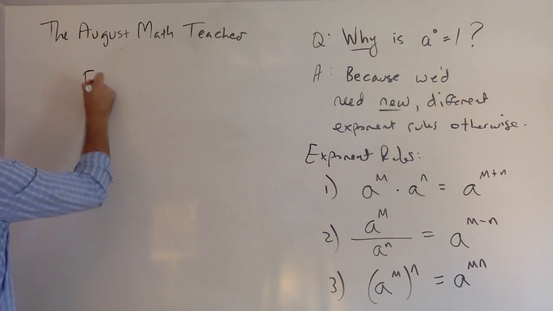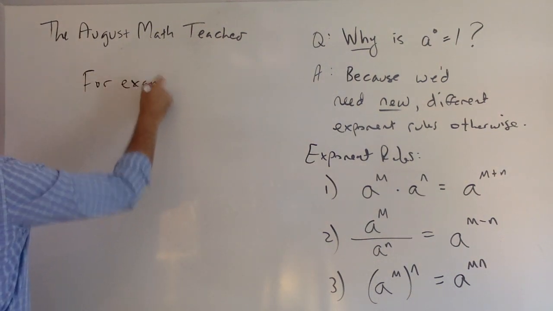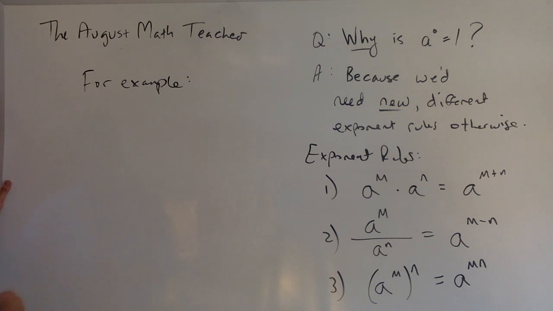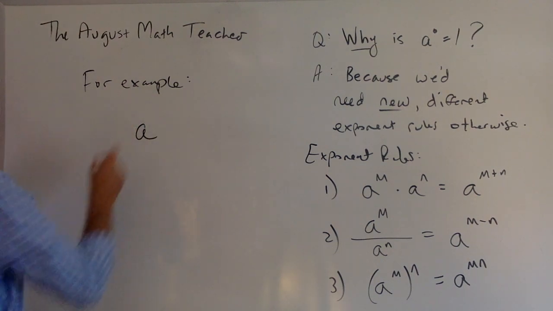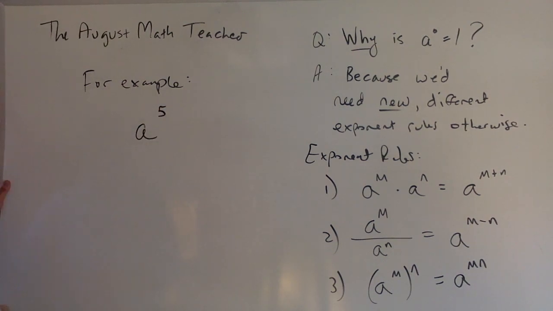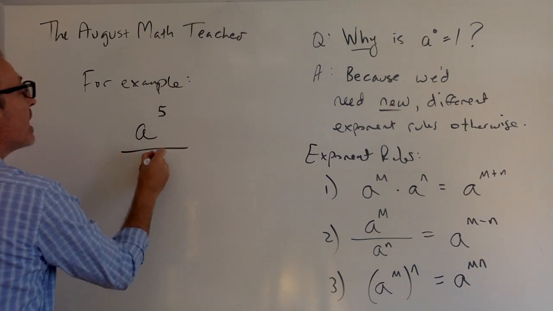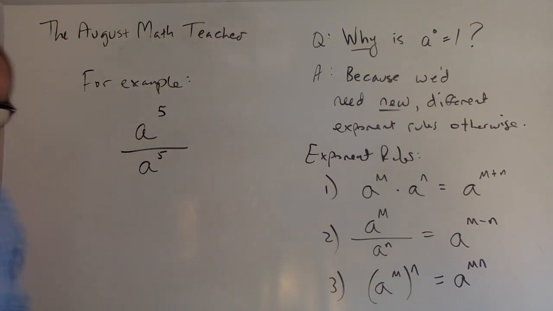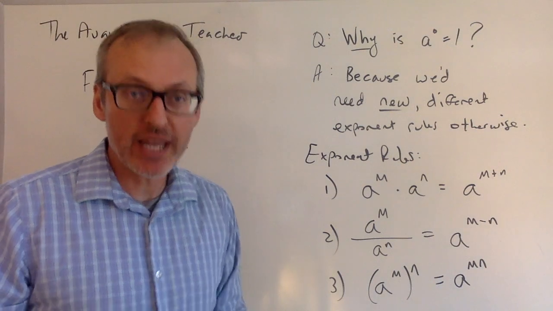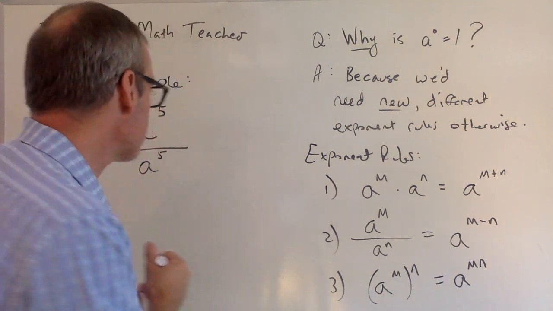So for example, if we take a to the power of 5 and we divide by a to the power of 5, then we have two ways that we can evaluate this.